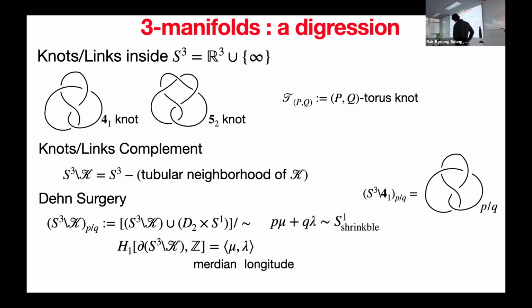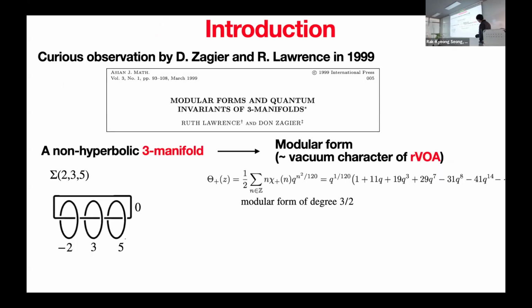Then this will give a three-manifold, which I will denote in this notation, labeled by p and q. Sometimes I will also draw it in this notation: it means that we are considering the knot and doing the Dehn surgery along the (p,q) cycle. That's the meaning of this manifold. This is a closed manifold without torus boundary. Now you can see the meaning of this manifold, and these are so-called homology spheres.